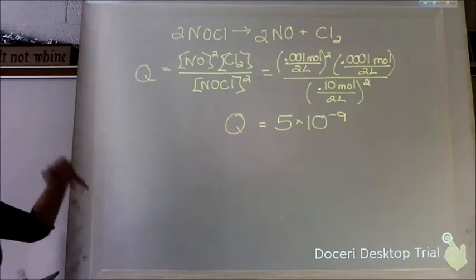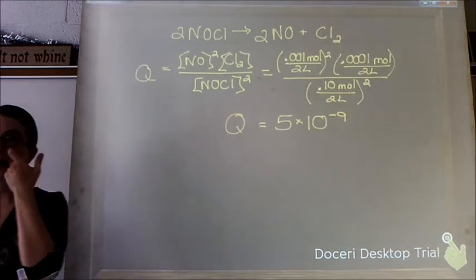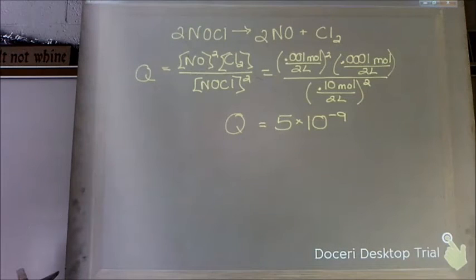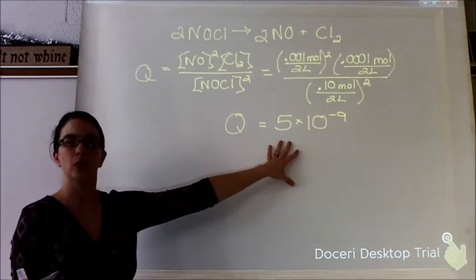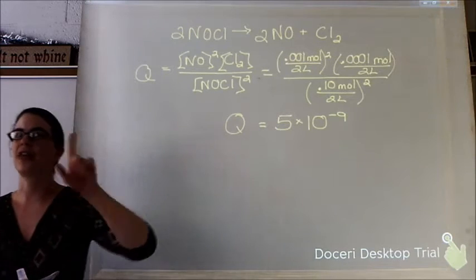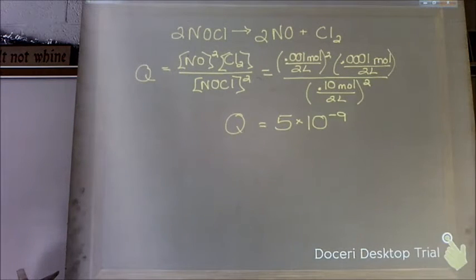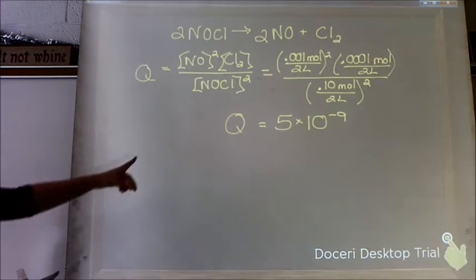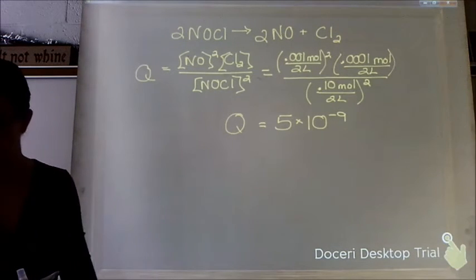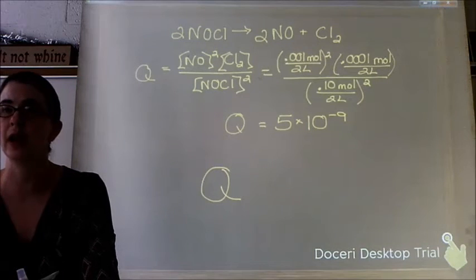So that's not the end of the problem. They still ask which direction will this reaction shift in order to get to equilibrium. We found Q. How does this compare to the K that they gave us in the problem, which I think was something times 10 to the negative fifth? Is Q less than or greater than K?